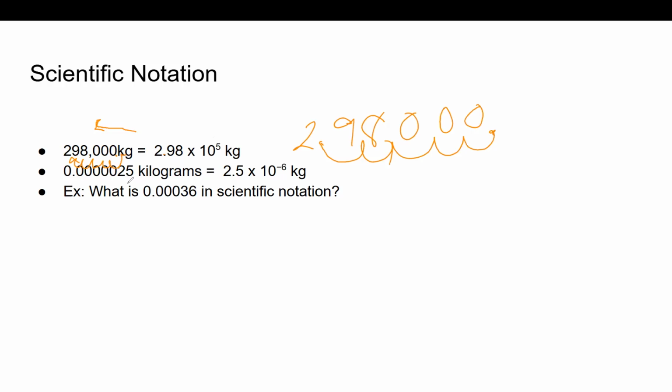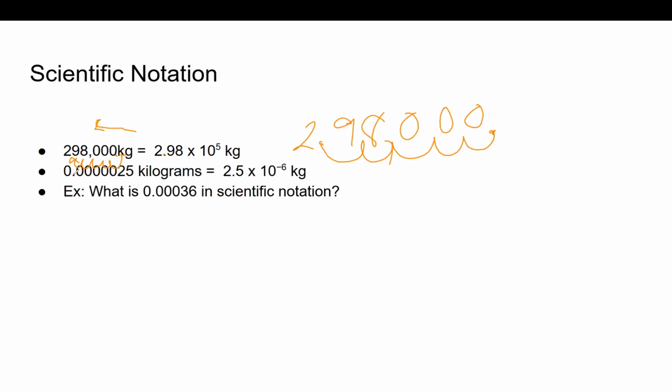Let's look at the next example. We had 0.00000025 kilograms. Let's turn it into scientific notation. My decimal is already way out in front, but I need only one digit in front of the decimal.